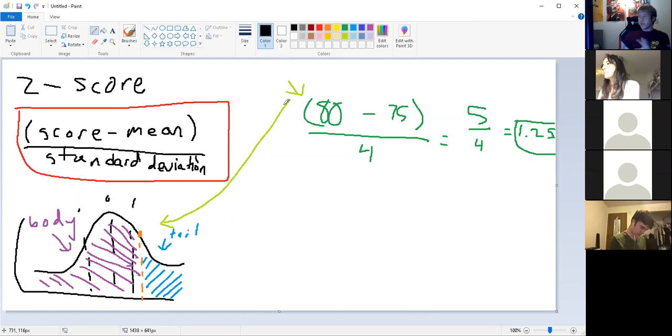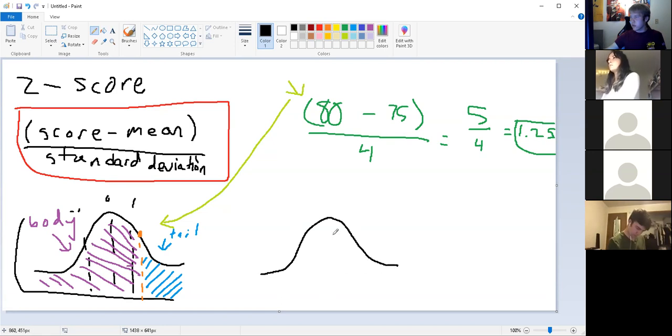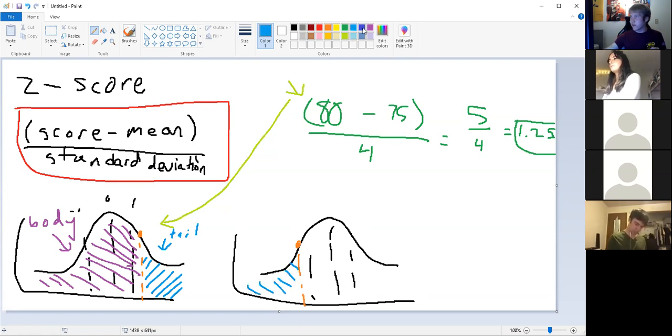And when you get these values, the table in the back of the book only goes from 0 to 3. So if, for example, you have a point that's over here on the negative side instead, then again, the tail is the shorter part of that graph, and the body is the larger part.